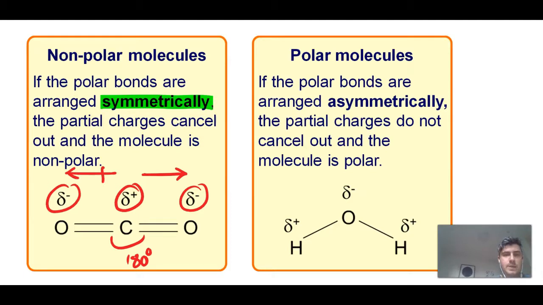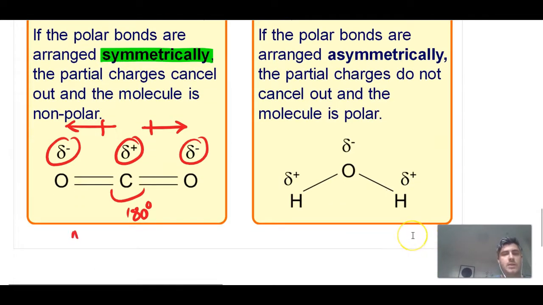We can show this with this little symbol here where they have a positive sign on one end and a negative sign on the other. Overall, we can say there is no net dipole. And what that means is there is no overall pole because they cancel each other out in effect.